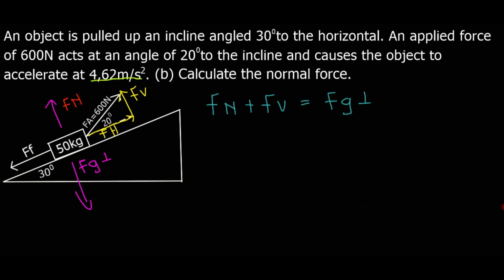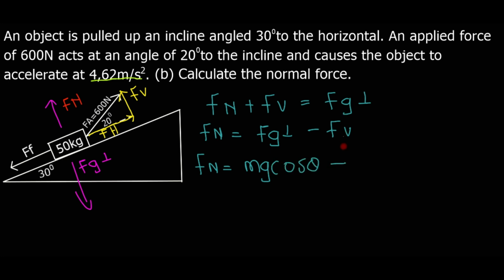So now our Fn equals FG perpendicular minus Fv. And we know that FG perpendicular equals mg cos theta. And then Fv, remember it is a component, we create it by using the trig ratio.